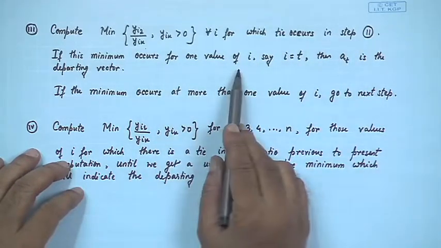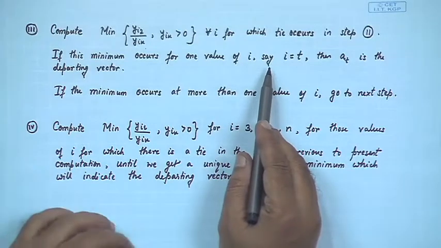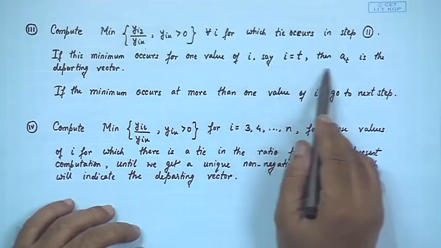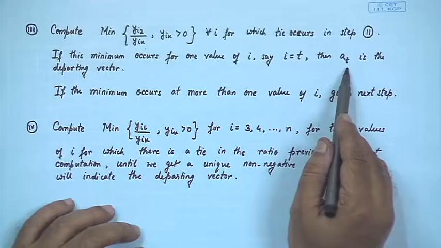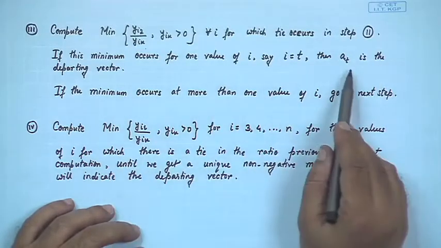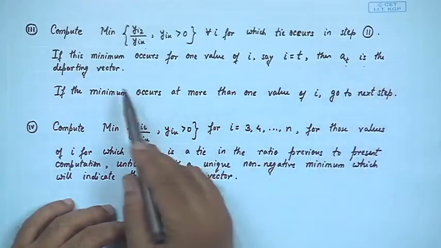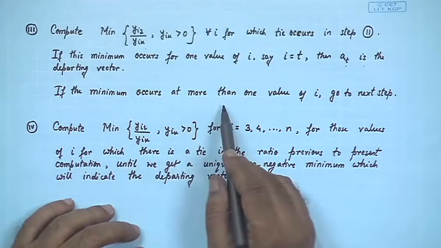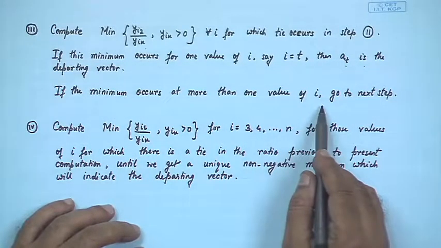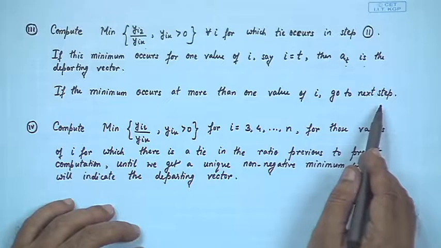If this minimum occurs for one value of i, say i equals t, then a_t is the departing vector. If the minimum occurs at more than one value of i, then I have to go to the next step.